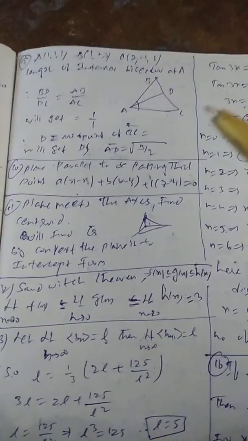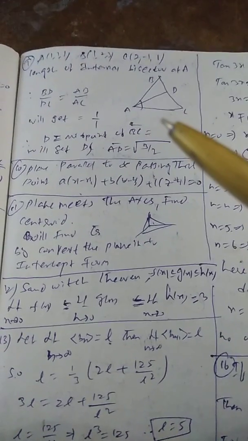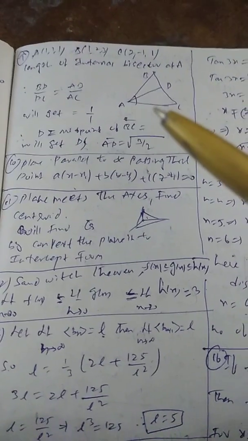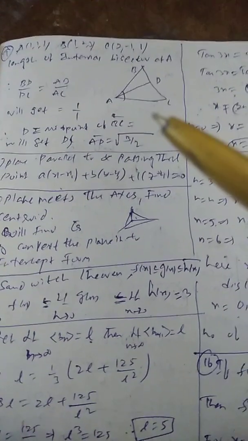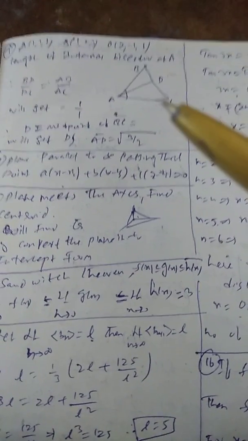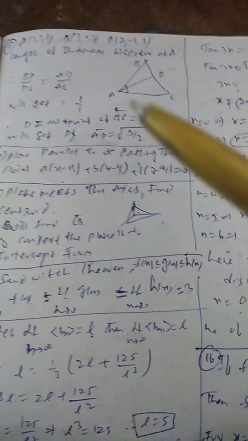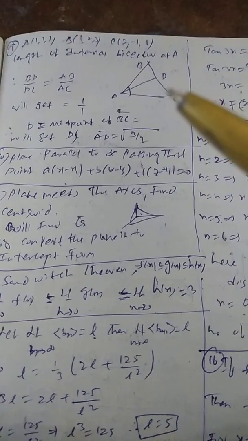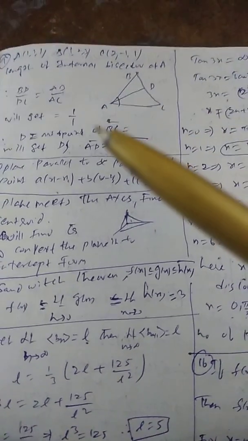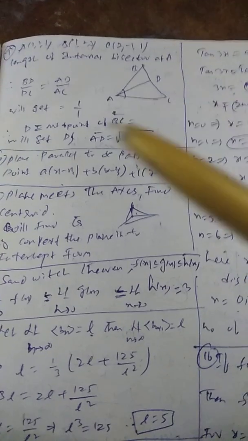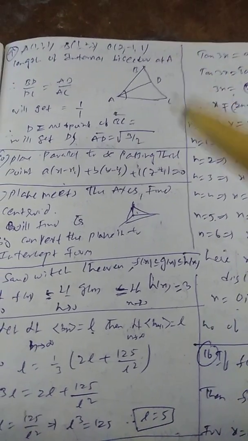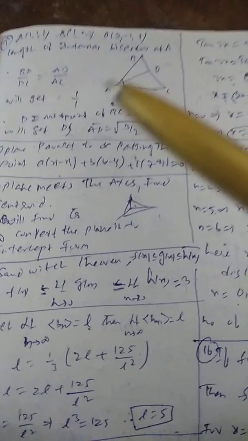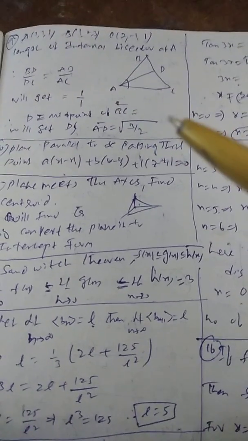Now, question number 9. Here we have 3 points in a 3-dimensional geometry question: A(1, 1, 1), B(1, 2, 3), C(2, -1, 1). We need to find the length of the internal bisector at A. The internal bisector AD bar divides the line joining B, C in the ratio AB to AC.